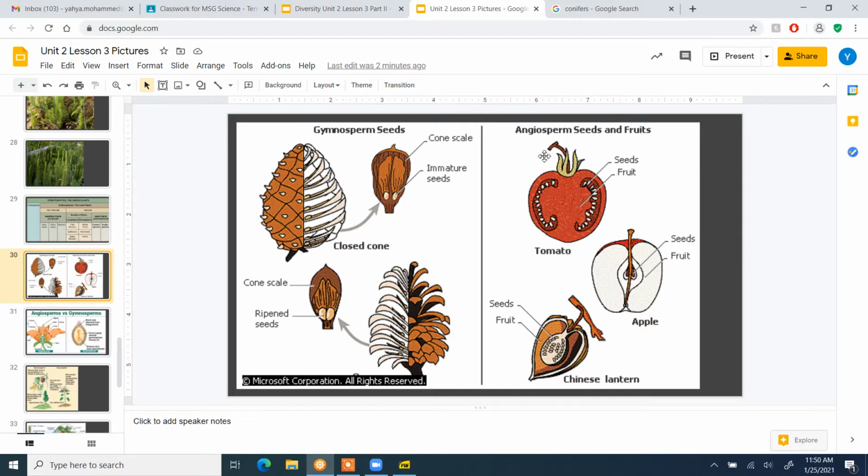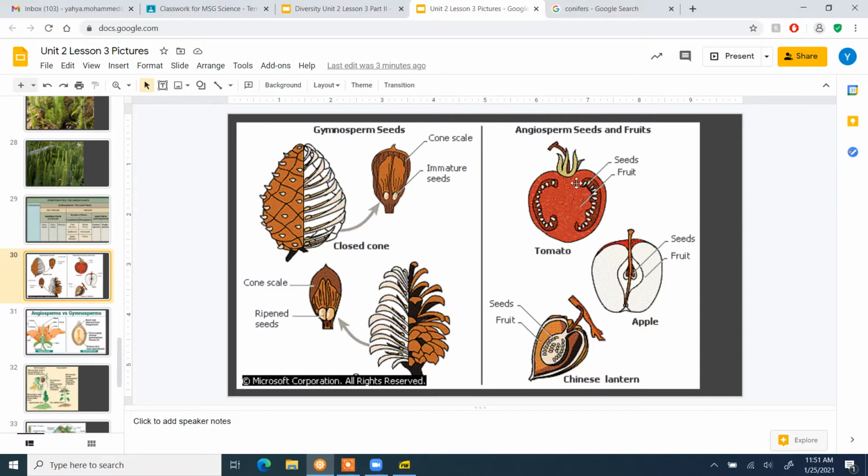Most of the different kinds of plants that we know of are angiosperms. They produce flowers, and they produce fruits like these ones over here on the right. So the seeds are enclosed within a fruit. In gymnosperms, they do not actually produce flowers, and the seeds that they produce are not enclosed within fruits.